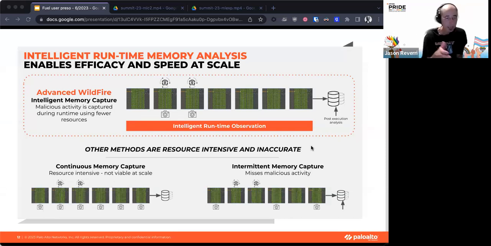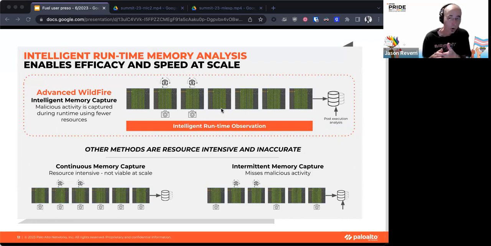So continuous memory capture, that technique is essentially grabbing memory snapshots, and that's what the little camera at the bottom is indicating, right? So it's continuously grabbing memory snapshots, whereas intelligent memory capture is looking for interesting events and actually capturing the memory at the moment of those interesting events so that we can analyze that memory snapshot.